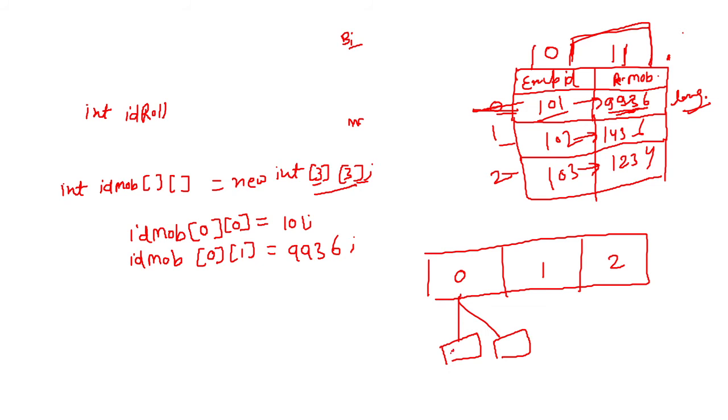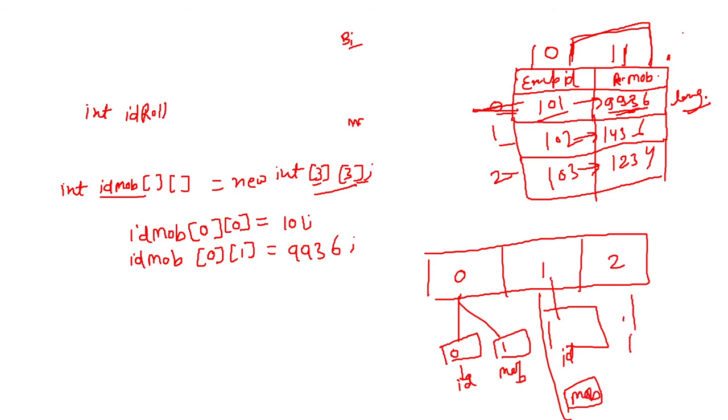This is the employee id, and this is the mobile number, sorry, not roll number, I have written that here by mistake. And this is for the second employee, id and mobile number, and this is for the third employee, id and mobile number.